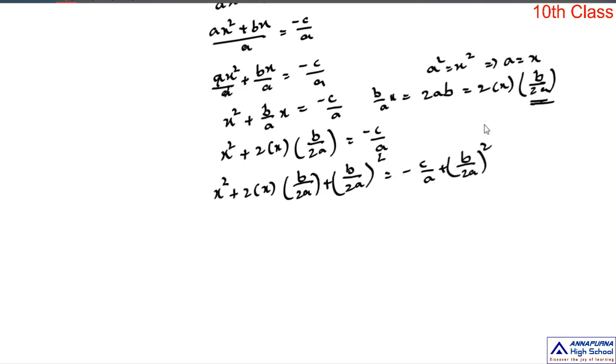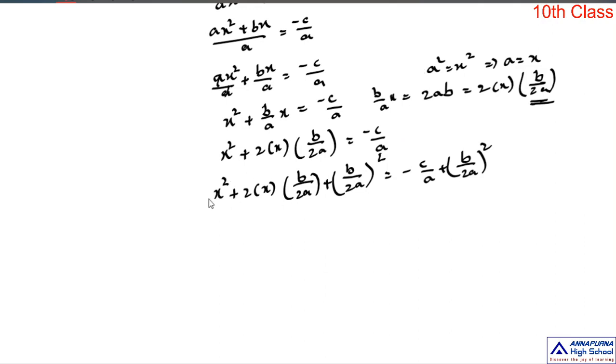So don't confuse: in the identities we have b and in the given equation also we have b, so don't confuse on that. Here I am expressing the second term b by a x as 2ab. So for presenting the 2ab, in the place of b, here I am taking b by 2a.